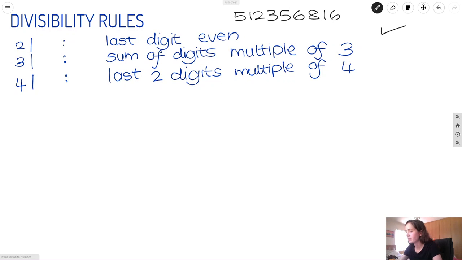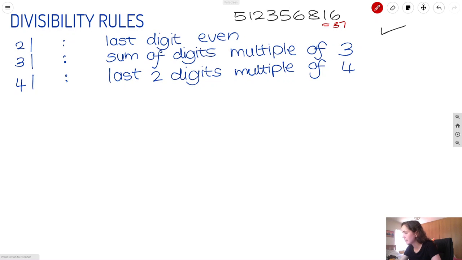If we want to see whether it will be divisible by 3, we can add all the digits, 5 plus 1 plus 2 plus 3 plus 5 plus 6 plus 8 plus 1 plus 6. That will be 6, 8, 11, 16, 22, 30, 31, 37. Let me just check that. 8, 11, 16, 22, 30, 37.